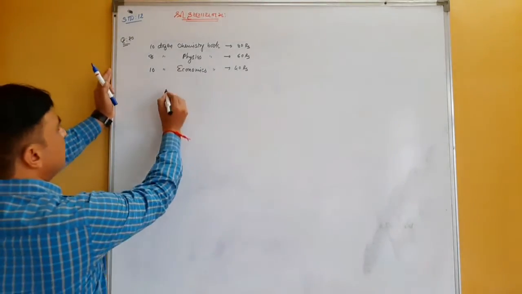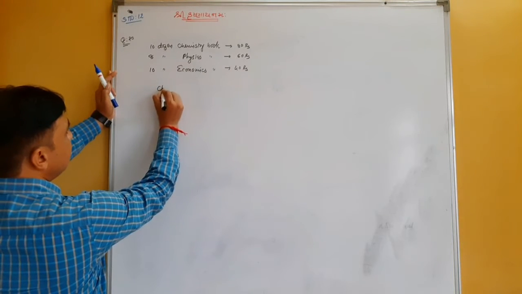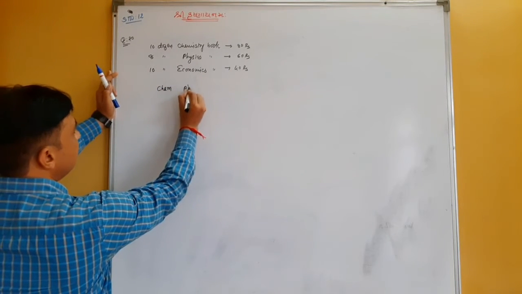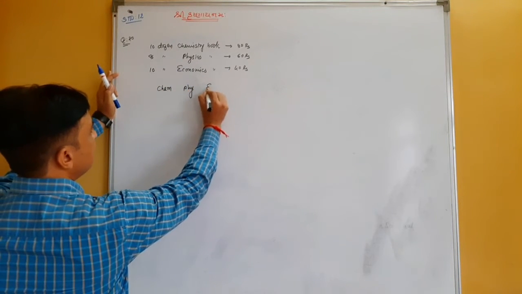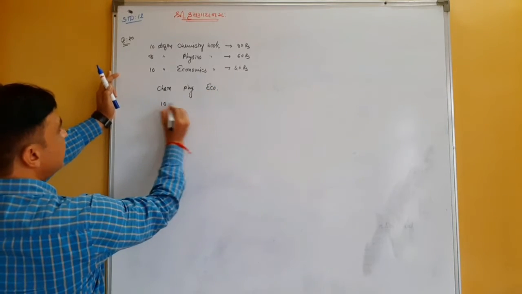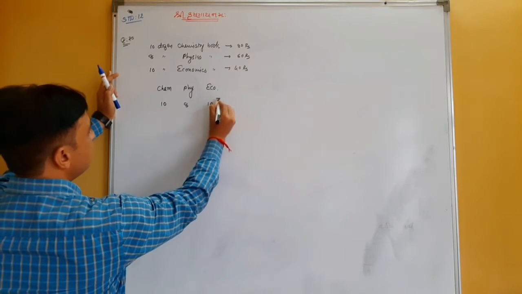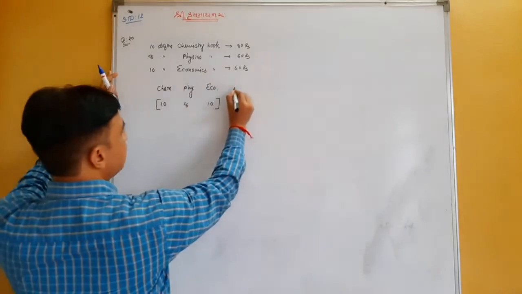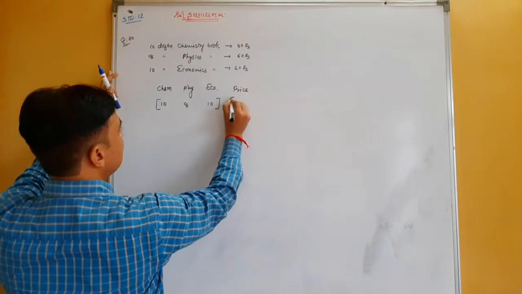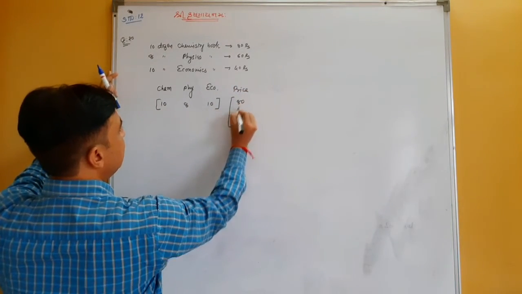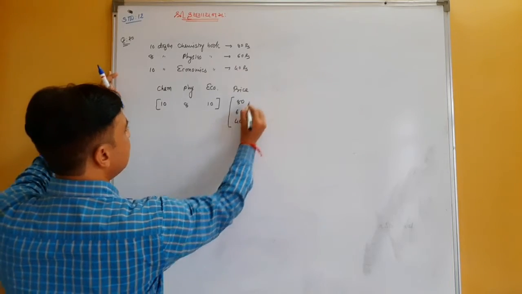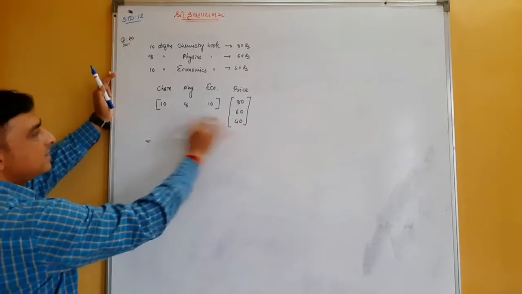So chemistry, physics and economics, 10 dozen, 8 dozen, 10 dozen. It's a row matrix. And the respective prices, 80, 60, 40. It's a column matrix.